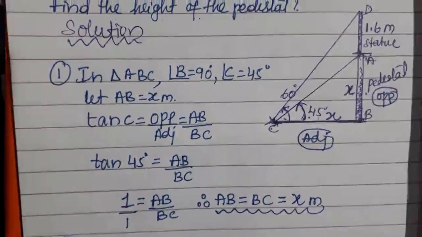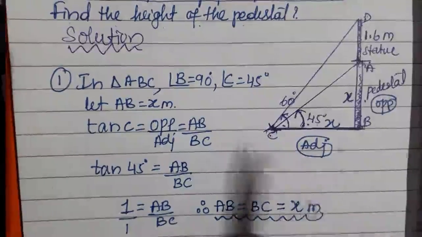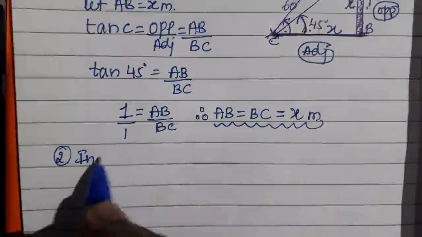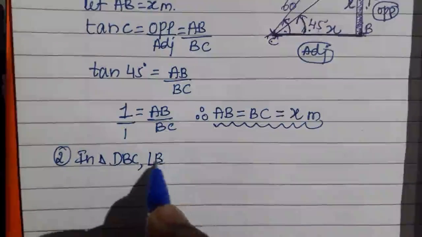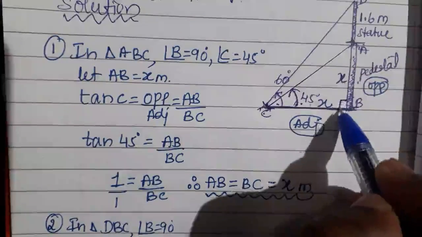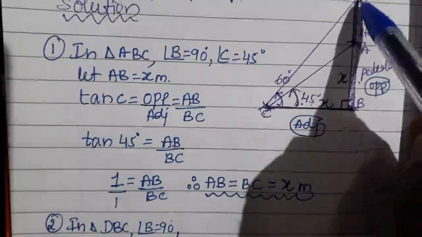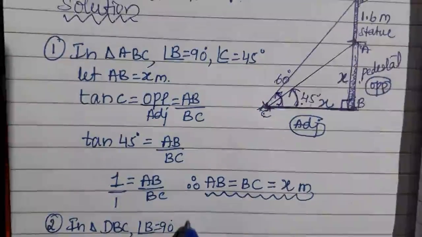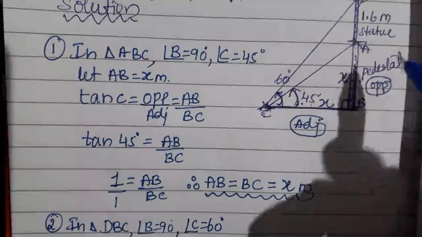Now we will take the second triangle, that is triangle DBC. So in triangle DBC, again angle B is equal to 90 degree. Now angle C is 60 degree.